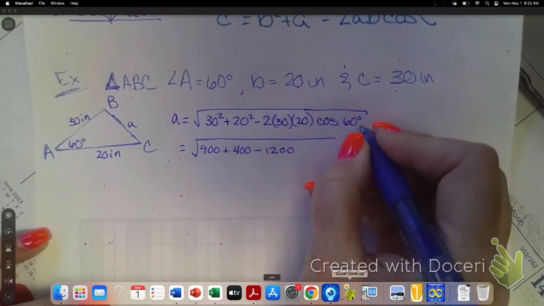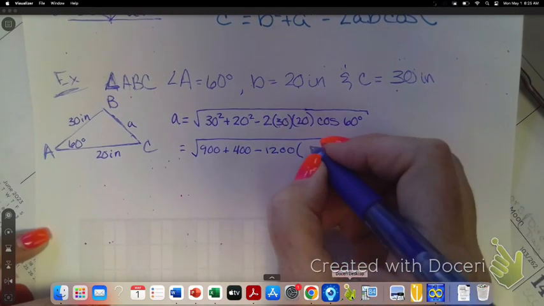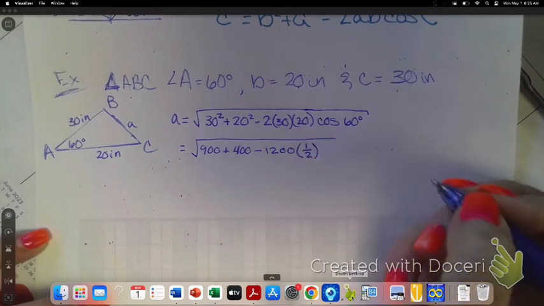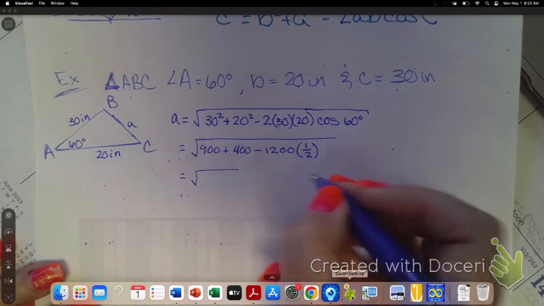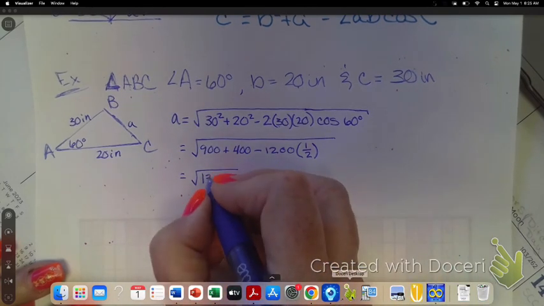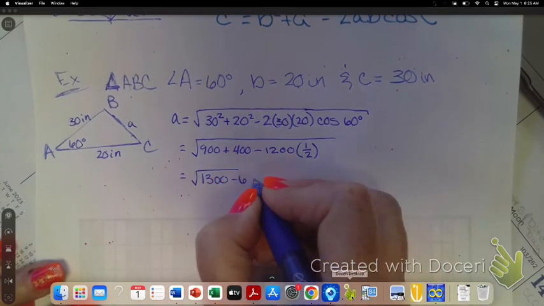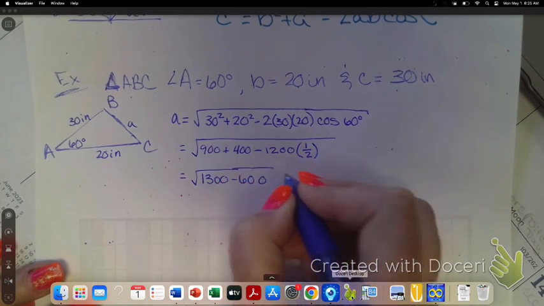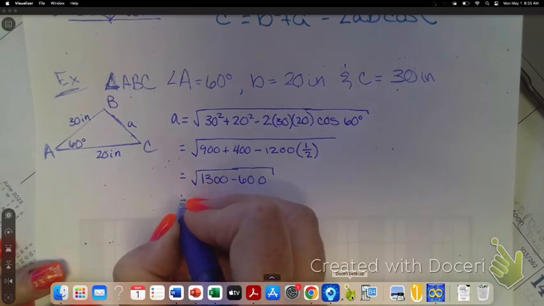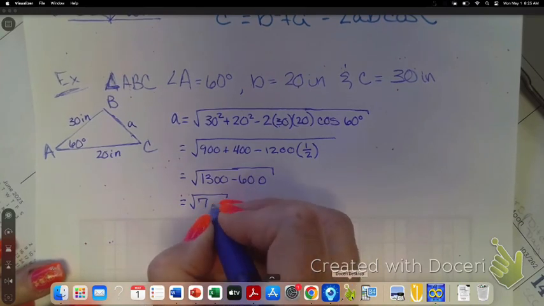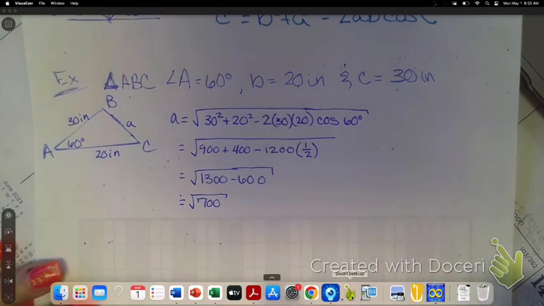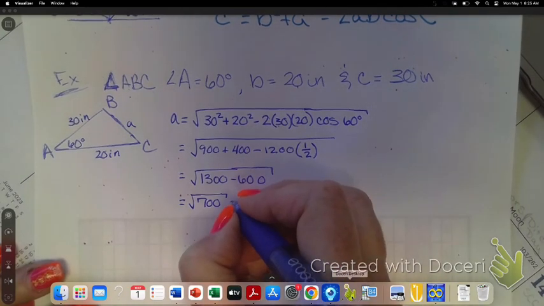And what is the cosine of 60? 1/2. So 1300 minus 600. That would be 700. Yes? And then we would approximate that with our calculator.